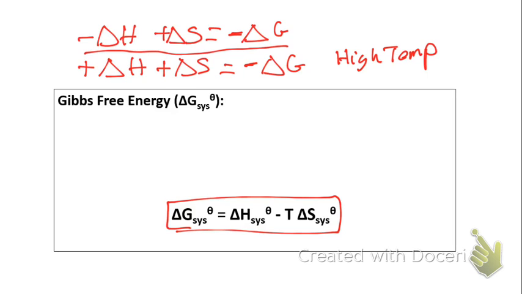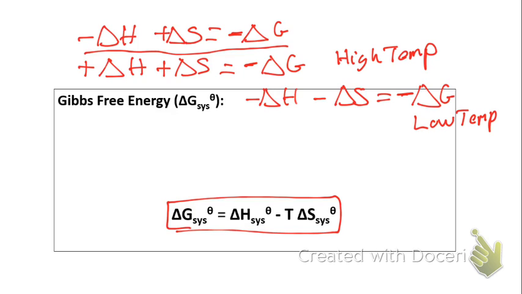If we get a situation where delta H is negative and delta S is negative, then delta G will only be negative at low temperatures, okay?